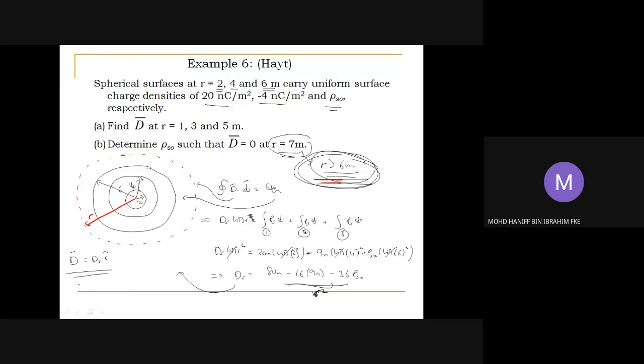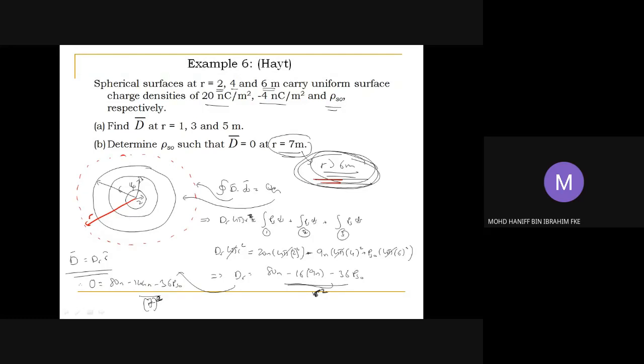Given the condition that D equals 0 at 7 meter radius, we get 0 equals 80 nano minus 16 times 9, which is 144 nano, minus 36 of rho S naught divided by r squared. So r will be 7 meter, 7 squared.